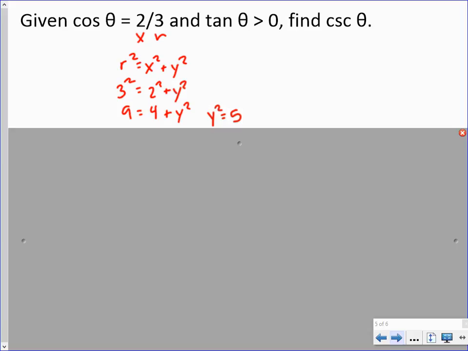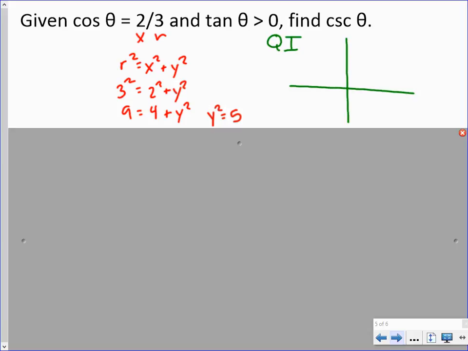So your cosine would be 0. It tells you which quadrant it's in. Okay, so think about this. Cosine is positive, tangent is positive. What quadrant are you located in? Quadrant 1. Okay, so we have to be in the first quadrant.